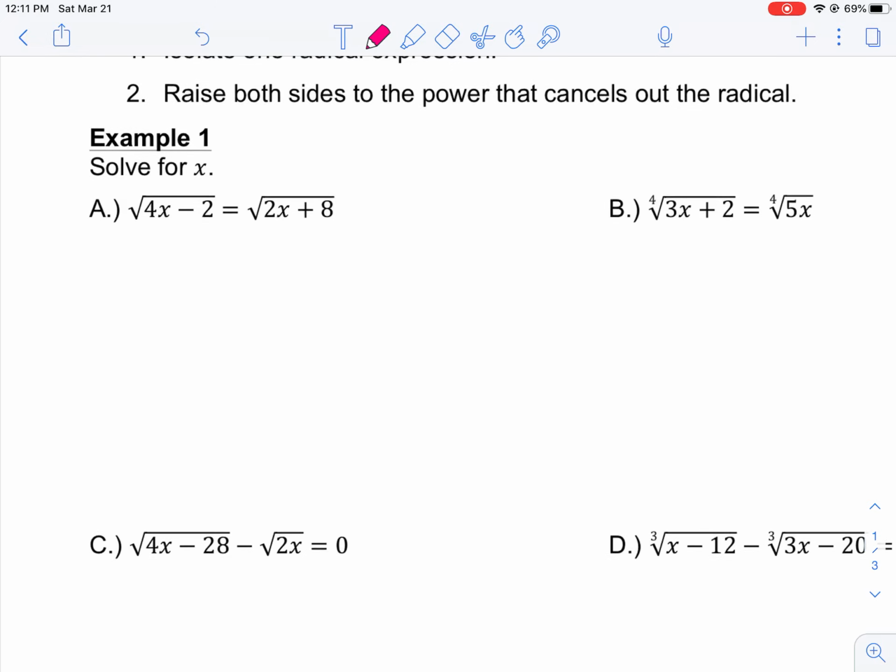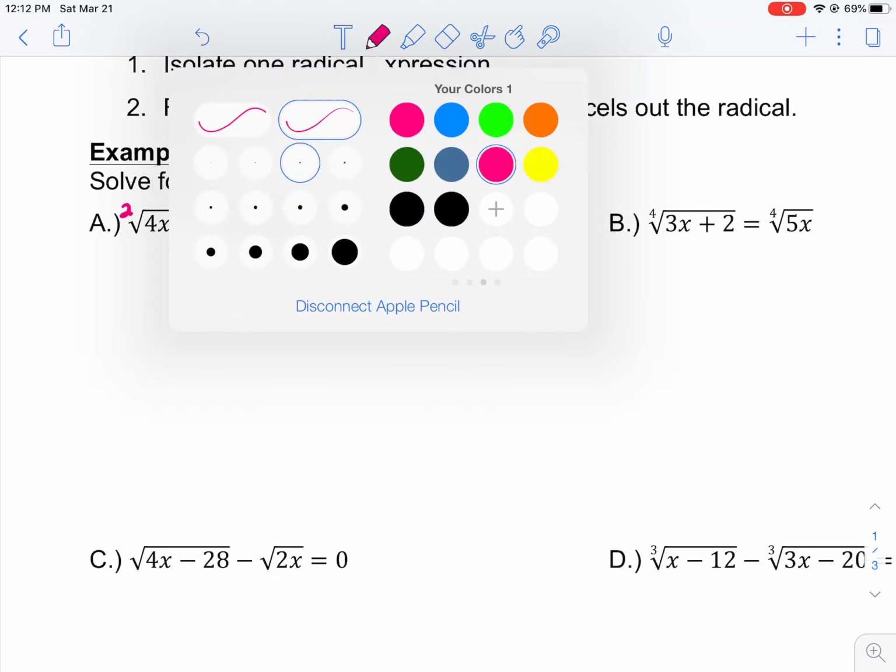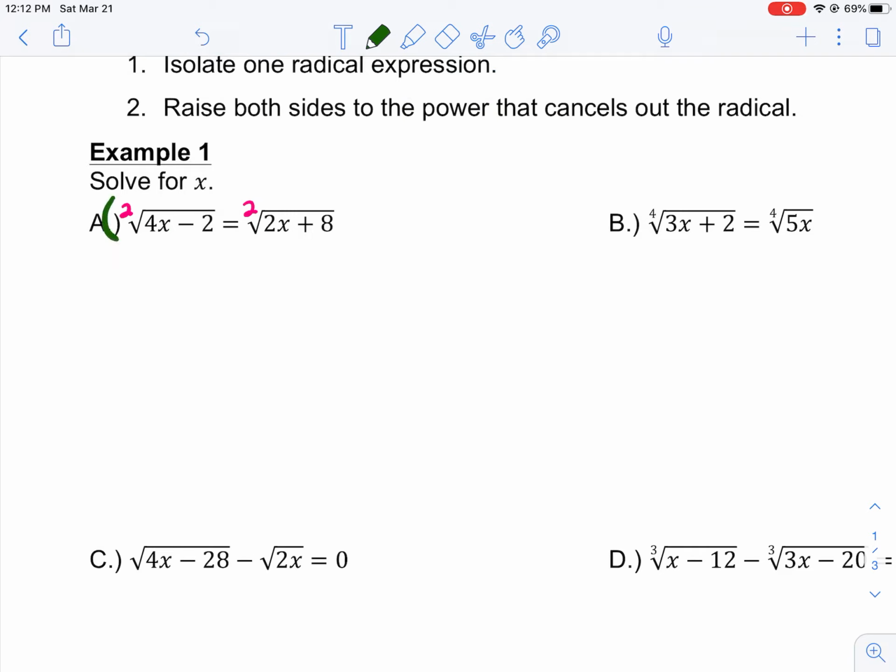In this first example, we want to eliminate the square root sign. Think of these square roots as having little 2's here. So we're going to square both sides. When you square a square root, the exponent undoes the radical, so you just lift the gate, take away the square root sign, and get 4x minus 2 equals 2x plus 8.